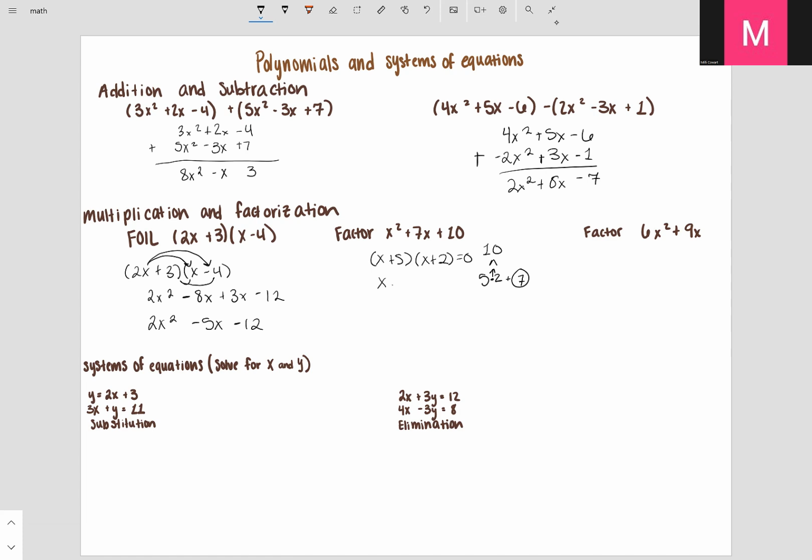So that means x equals negative 5 and x equals negative 2. And to factor one like this, we can take out a 3x because that is their common factor. So taking 3x out of 6x squared, that gives 2x plus 3.